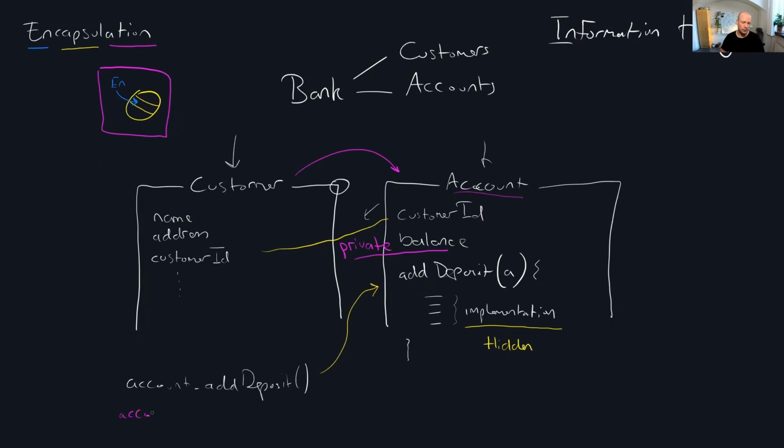So account.balance, let's have a nice, I don't know how many zeros this is going to be, but if that was public, you could just go and add large deposits with no checks. So this idea of access modifiers is another form of information hiding, that you can protect the information in here from external sources as well.